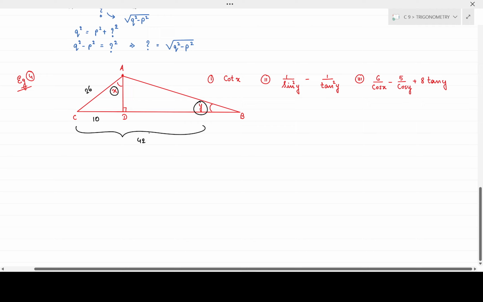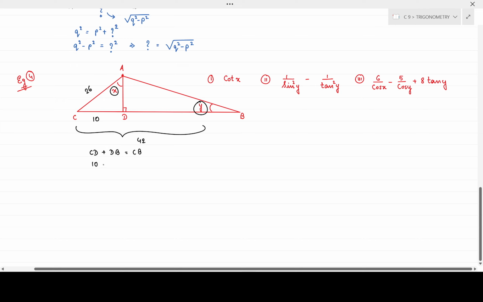Now we have to calculate the respective values given in the question. Since CB's complete value is 42 and CD is 10, we can calculate the value of DB. Yes, we can write CD plus DB gives us CB.